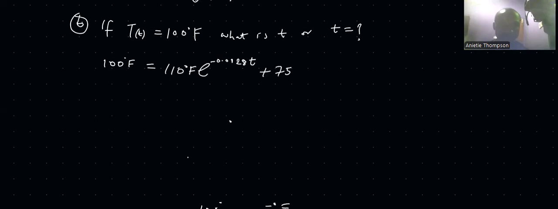So 110 exponential minus 0.0128 t is equal to 100 minus 75. That is 25. So let's just evaluate that step by step: 100 minus 75, all measured in degrees Fahrenheit, which is equal to 25 degrees Fahrenheit.